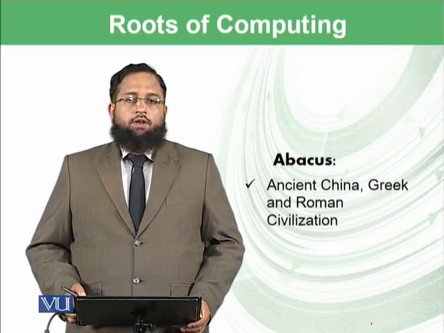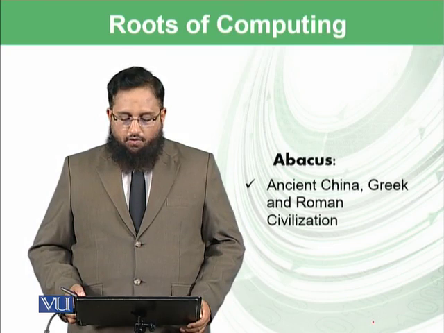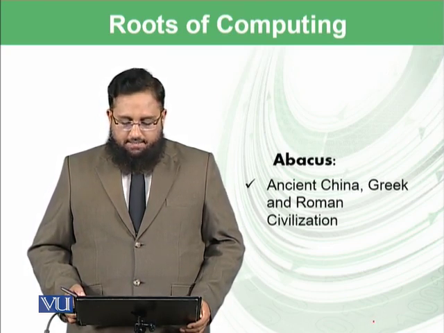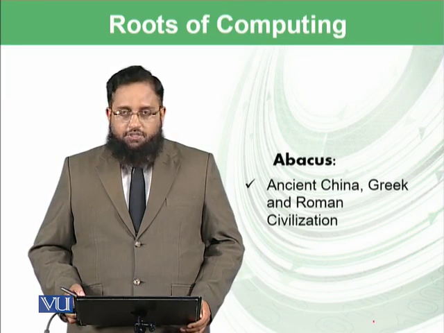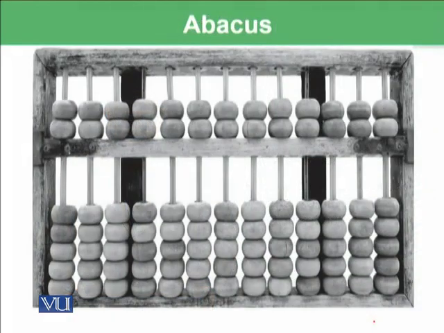So if we go into the history, one of the early computers is known as the abacus, and that has roots in ancient China, Greek and Roman civilization. This is the picture of the abacus that is used to store data. It has small beads.